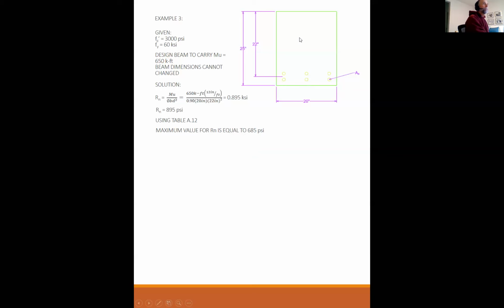But if I put compression steel in the top, then I can put more tension steel in the bottom and be able to carry more load. So the answer is I have to put in more compression steel. And again, using table 8.7, rho equals 0.136 when epsilon t equals 0.005. That's why they stopped the table at 685.